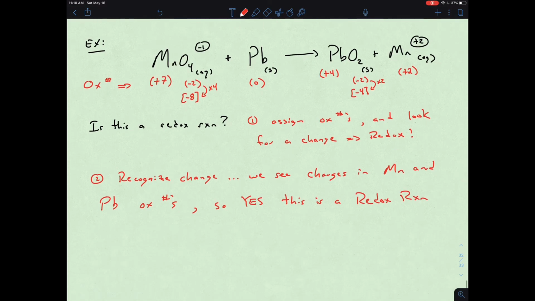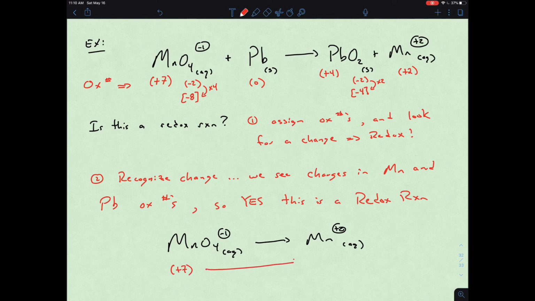And we can recognize that by just pulling out the individual pieces, right, showing that the manganate is really turning into manganese +2. And we have that +7 on the manganese turning into +2 on the product side. So that is a gain of electrons.